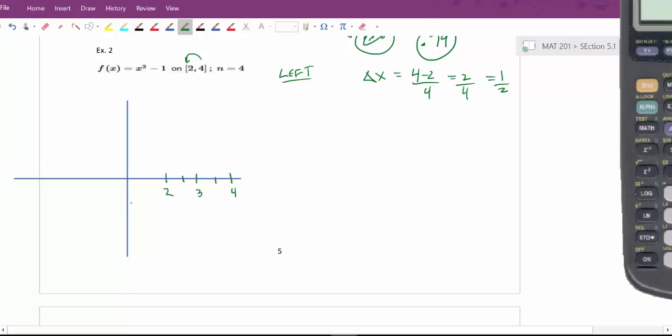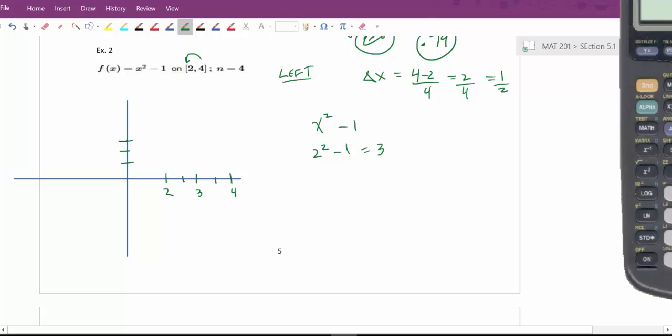Okay. Now, as far as graphing goes on this, there are a few things that you can do. All you got to do is get it's a parabola, right? So without touching my calculator, I don't want to get too reliant on the calculator. If I plug 2 in, I'm just going to have 2 squared minus 1, which is 3.